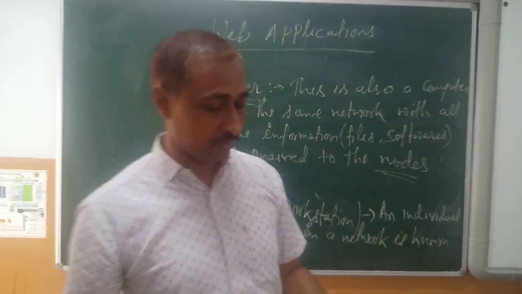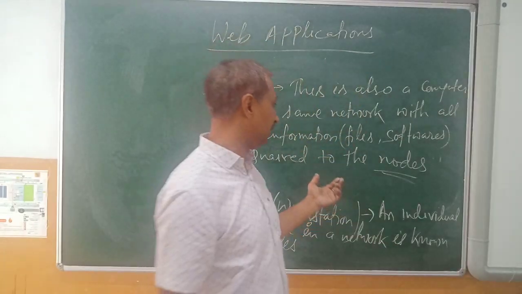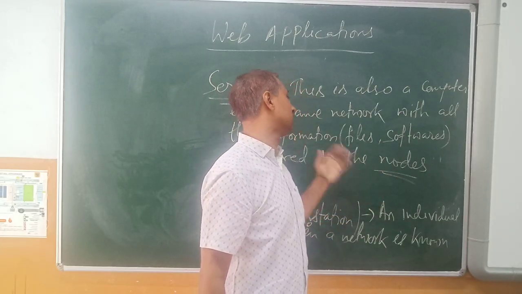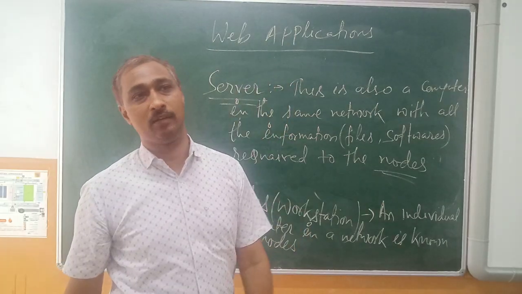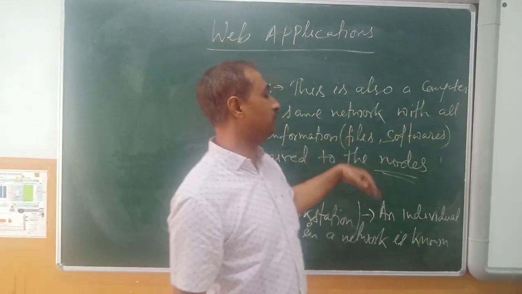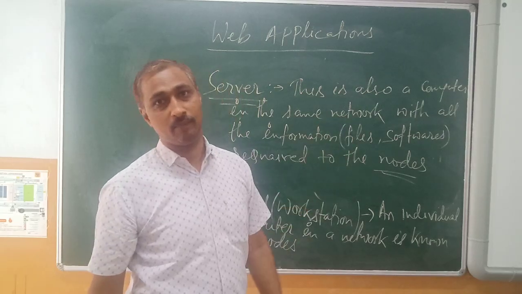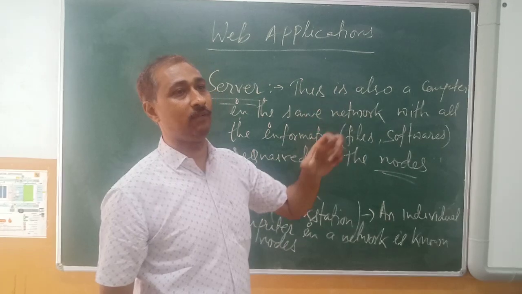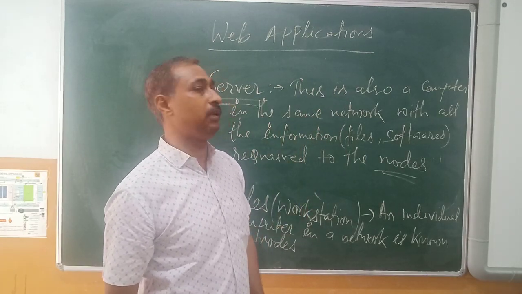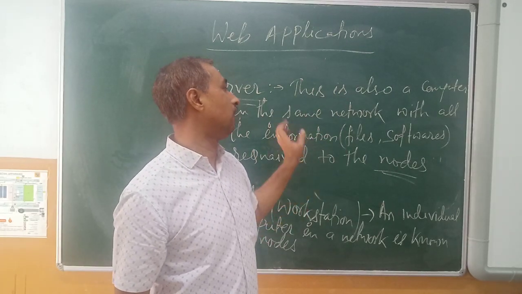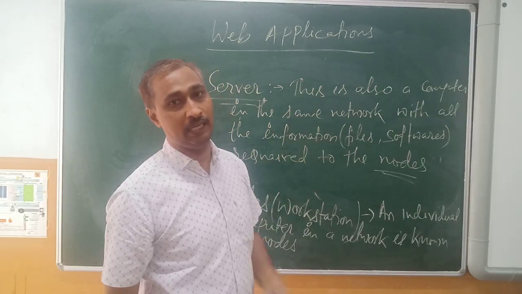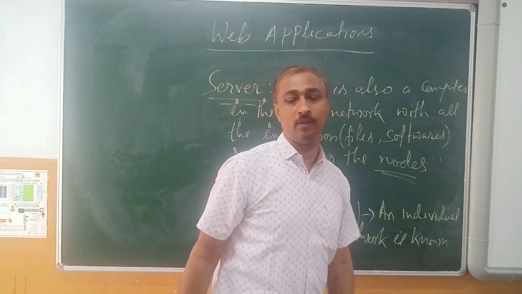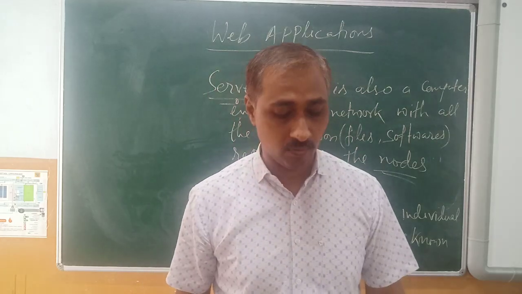On a normal computer, if any person is sitting and they are not having a particular software, they request the server to provide that particular software, and those software are already there with the server. In the network, whatever application we want to share with all the computers, we keep that information on the server that is automatically shareable to all the other computers in the network.